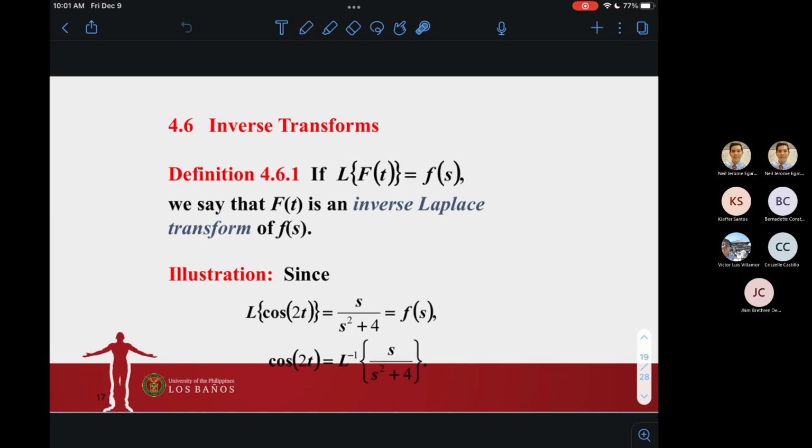Kasi basically nasimulan ko na yung buo natin gagawin with this last two sections because section 4.6 will introduce us to how Laplace transforms can be used to solve, or this will teach us the basic building block na kailangan para magamit yung Laplace transforms para makapag-solve ng differential equations, which is in 4.7.